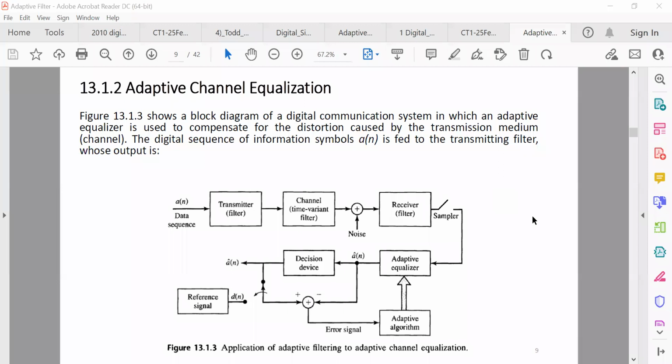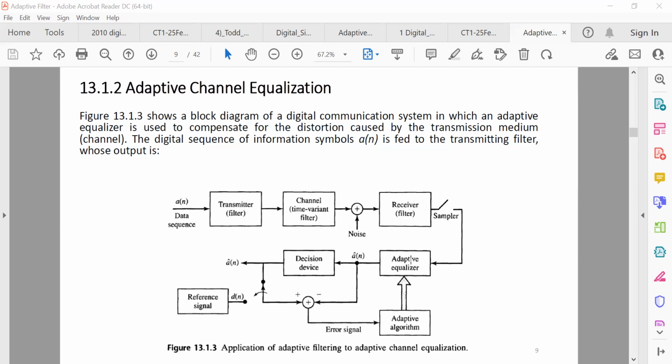So we have been talking about adaptive channel equalization. Here we see this system where the signal AN is transmitted through this transmitter and passed through this channel, and there will be some additional noise, and then at the receiving end we have the receiver. After this sampler we are supposed to get the exact signal, but we need to do some equalization.